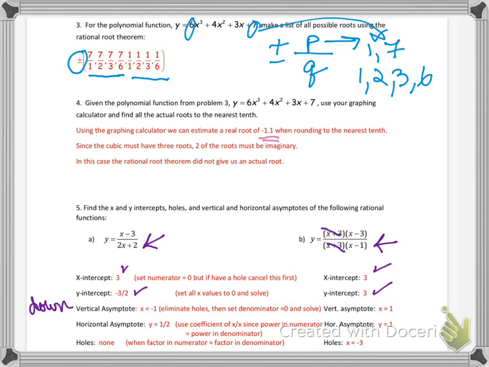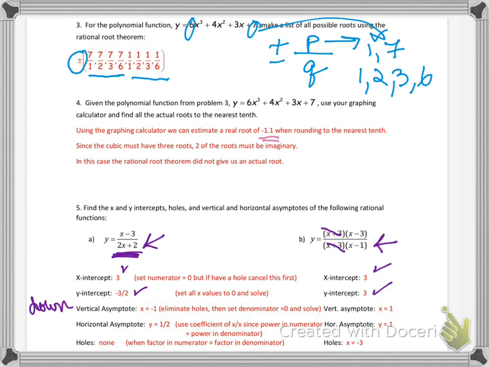Okay, so when I do that, set the denominator equal to 0 and solve. Your vertical asymptote is where your function cannot go. So this function, you can't have it divide by 0, so the vertical asymptote will be where the 0 happens, and it happens at -1 for this first one, and it happens at +1 for the second one.